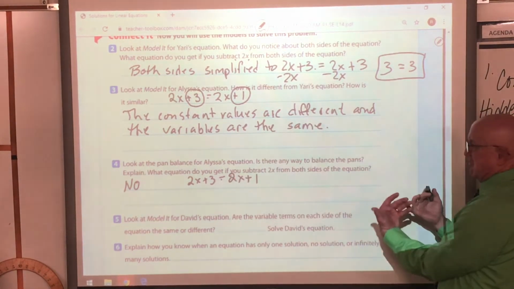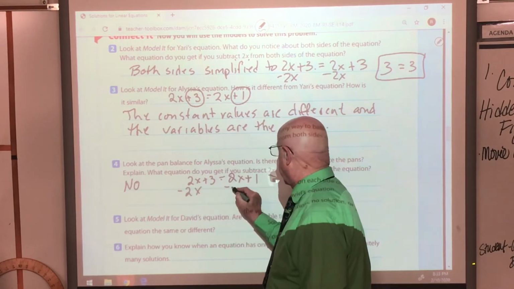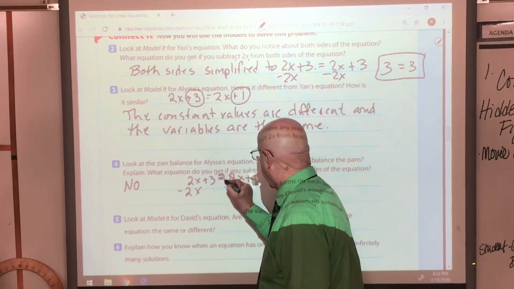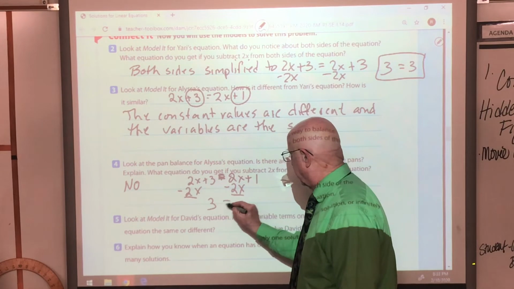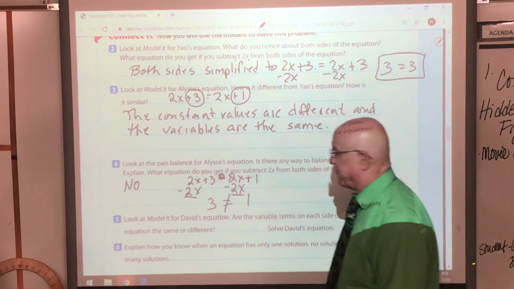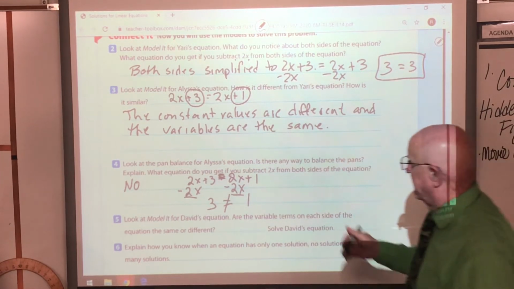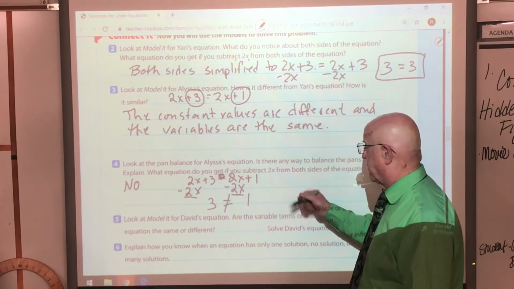They said, what happens if we subtract 2x from both sides? We get 3 is equal to 1, and we know that's not true. Anytime you have a statement that is not true, then we have no solution, right? So there's no solution to this problem, right?